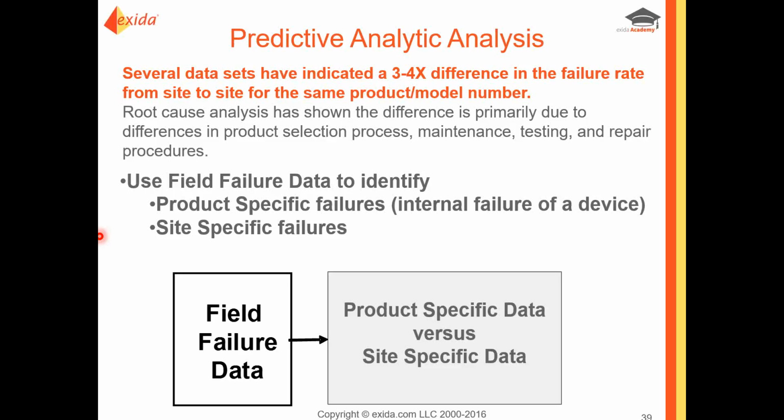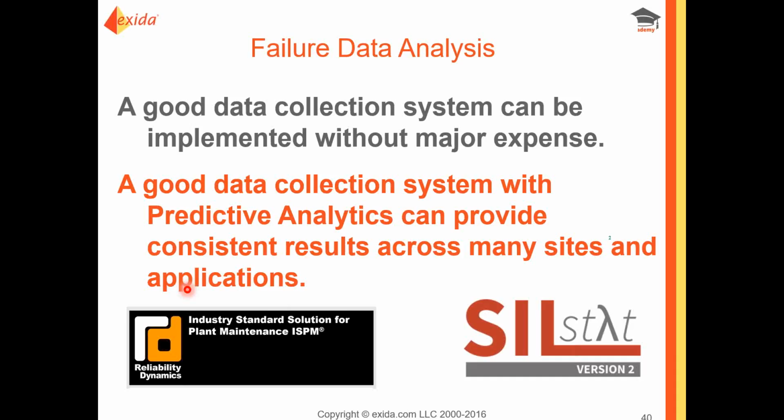And so we were able to use the field failure data to identify site-specific failures and really identify ways in which the particular site procedures could be vastly improved to reduce failures and primarily to reduce downtime.